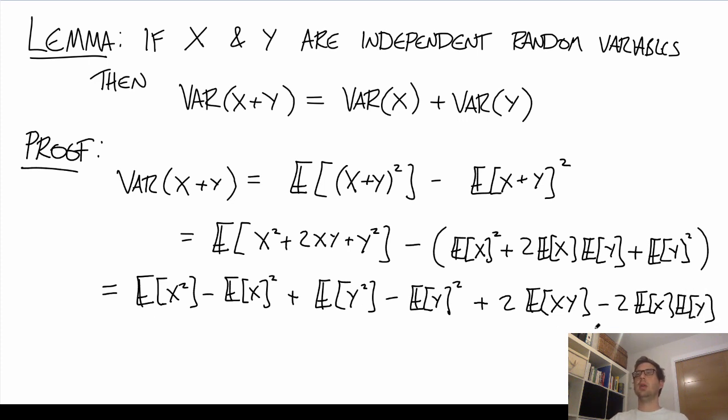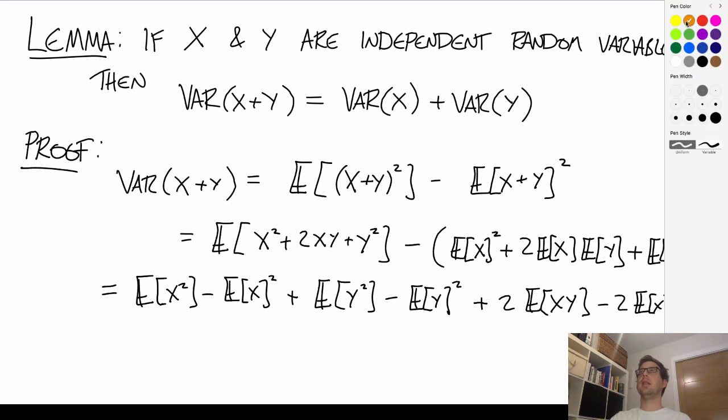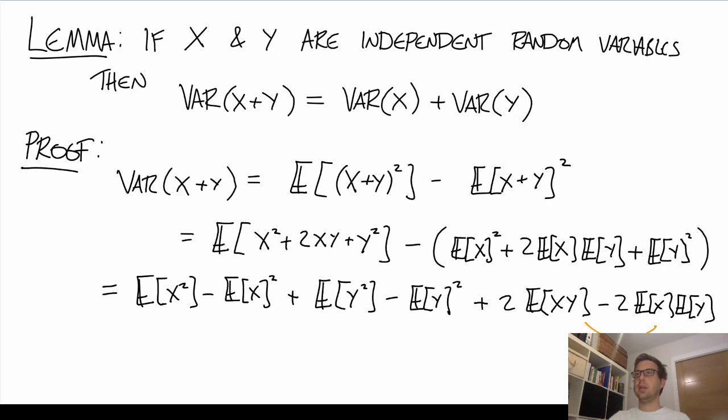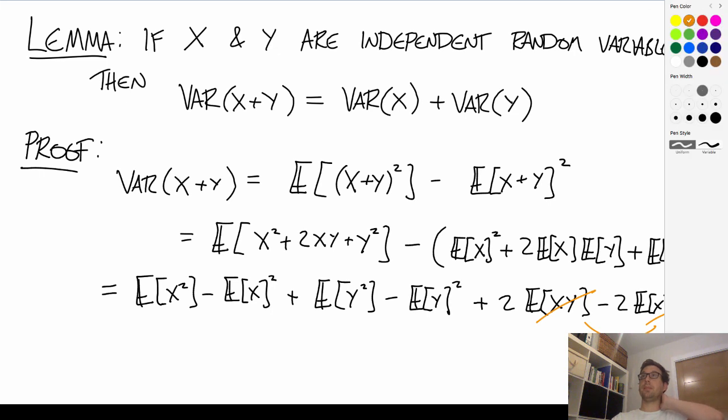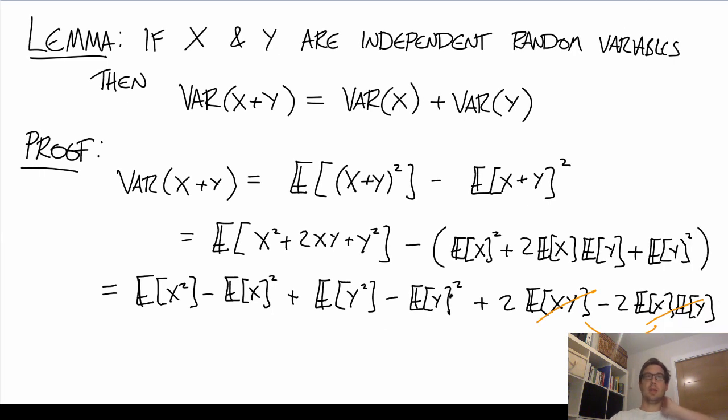But since x and y are independent, these two cancel each other out. So what we're left with is the expected value of x squared minus the expected value of x all squared, which is the variance of x, and then from the other terms we get the variance of y.